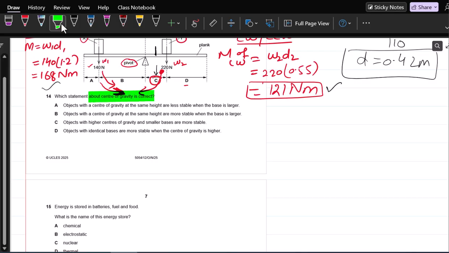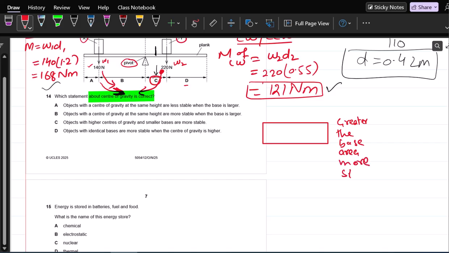So dear students, center of gravity says greater the base area, more stable the object.